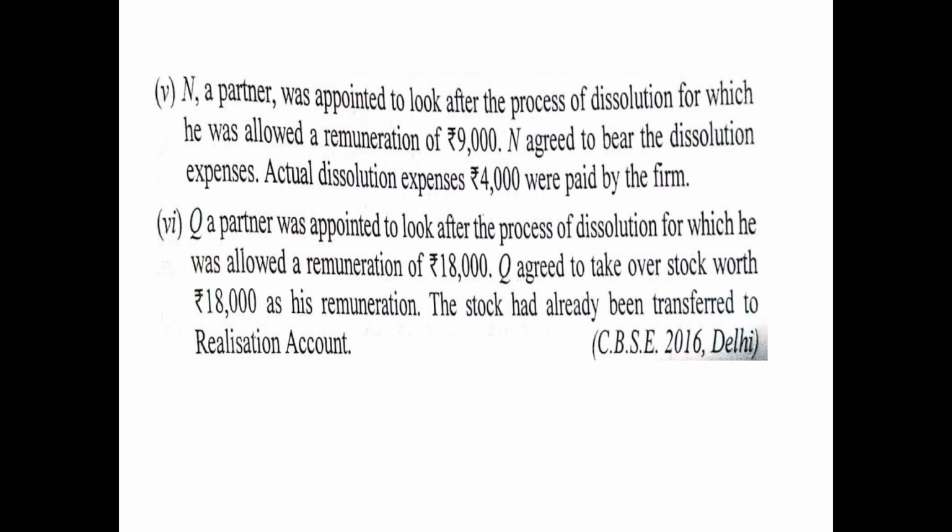So that means here the firm has paid 4,000 dissolution expenses on behalf of N, and also the firm is liable to give 9,000 rupees as fixed remuneration to N for the work of dissolution. So 4,000 the firm has already paid out of pocket. So out of 9,000, 4,000 will not be given by the firm.